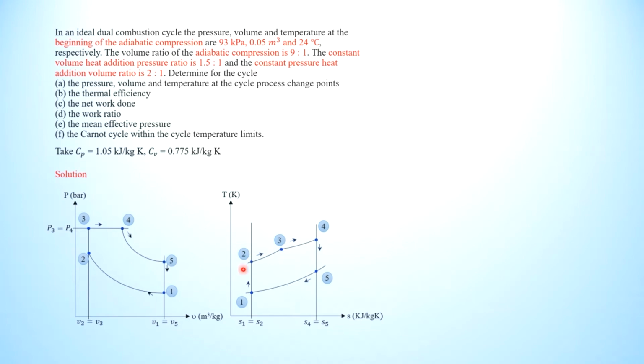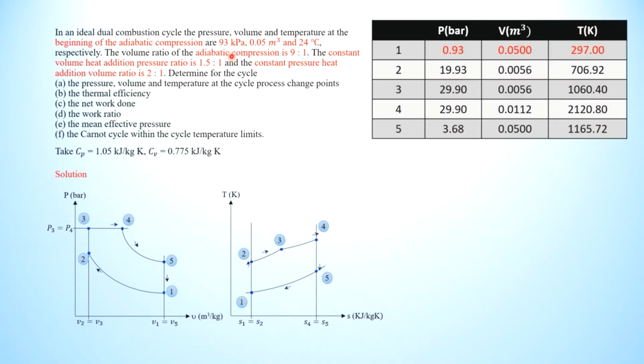So the total heat supply should be Cp (T4 minus T3) plus Cv (T3 minus T2). So you have two heat supplies here. Then the heat rejected should be 5 to 1, decreasing entropy, which is constant volume, so it should be Cv (T5 minus T1).